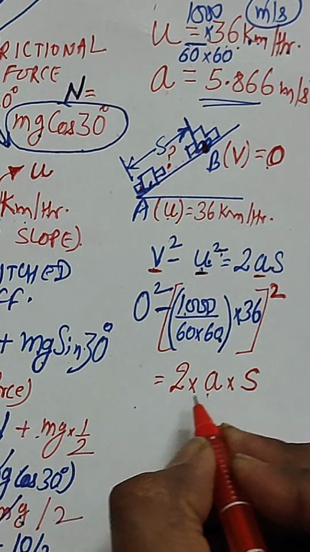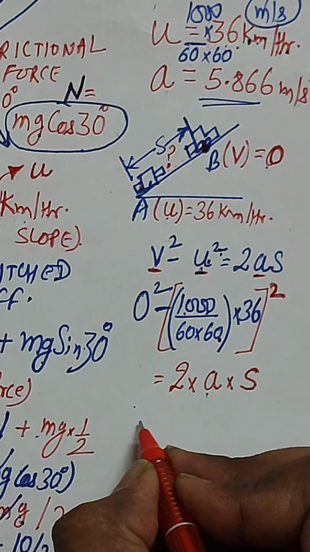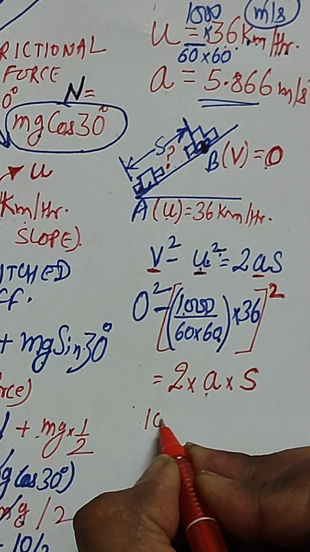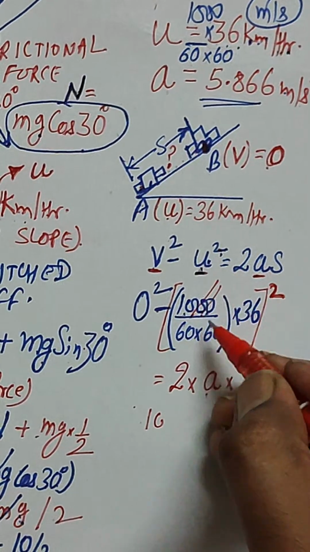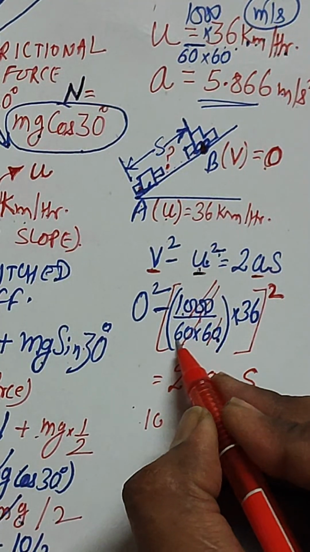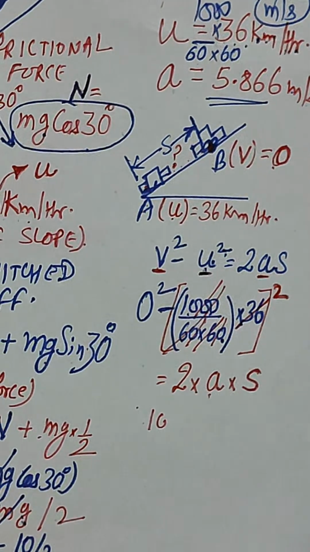So to calculate the value of s, we can just cut this 0 from this 2, right? And 6 into 6 will be 36. So 36 will be cancelling this 36, right?